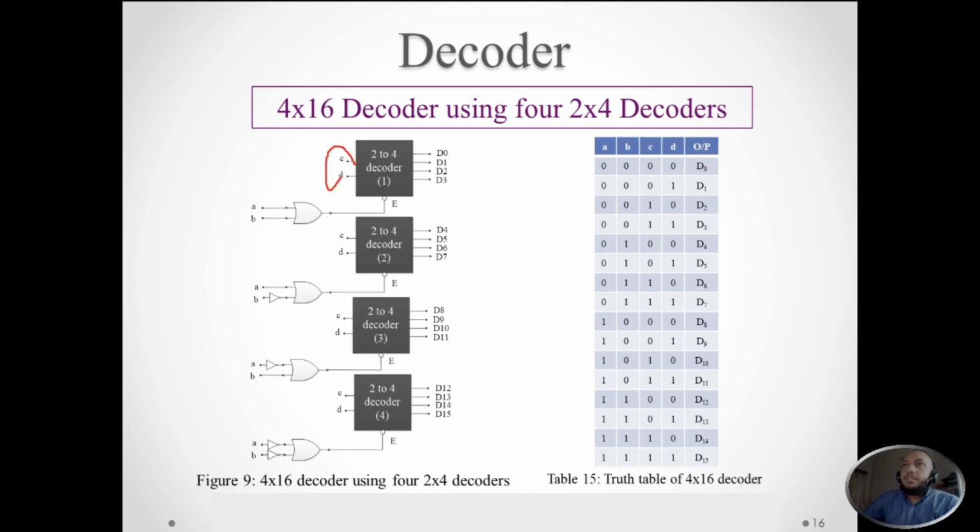We have fed the inputs CD as the main inputs to all of the 4 decoders, and the inputs A and B are connected to the enable pins through some gates. So the C and D are the regular inputs of all of the 4 decoders, and A or B are connected to the enable pin E through some gates.